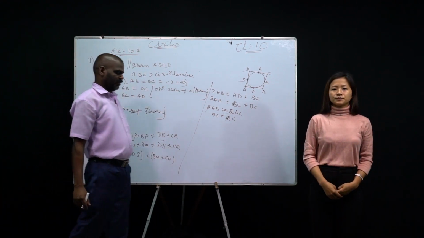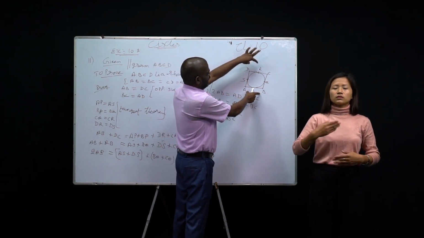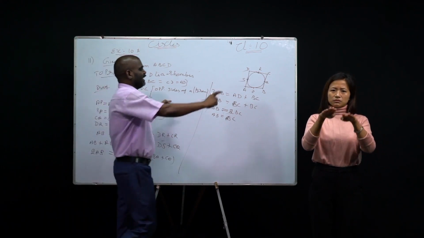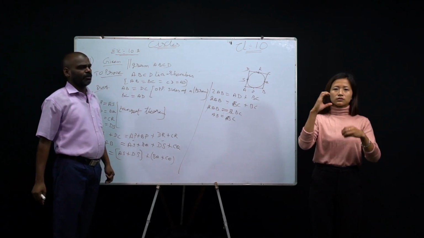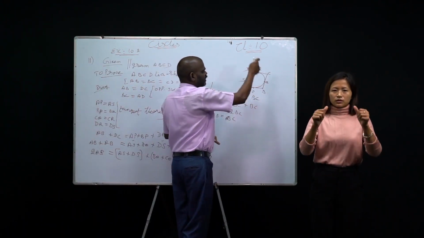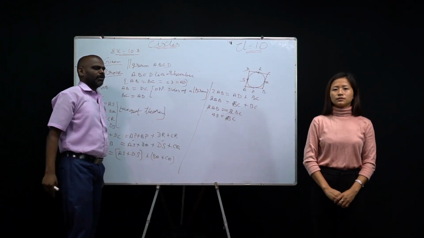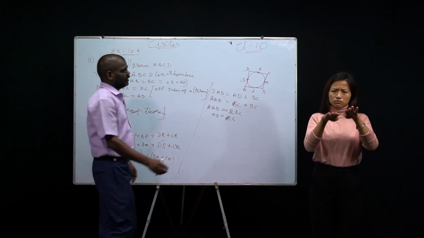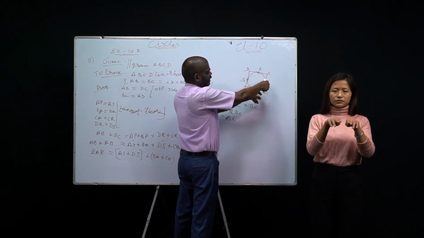Clear? Children, look at the board. It's already given AB and DC are equal. AD and BC are also equal. Clear? Yes or no? So now we have proved AB and BC are equal. So from the above, what conclusion will we come to? All are equal or not? These two are equal, these two are also equal, and these two are also equal.